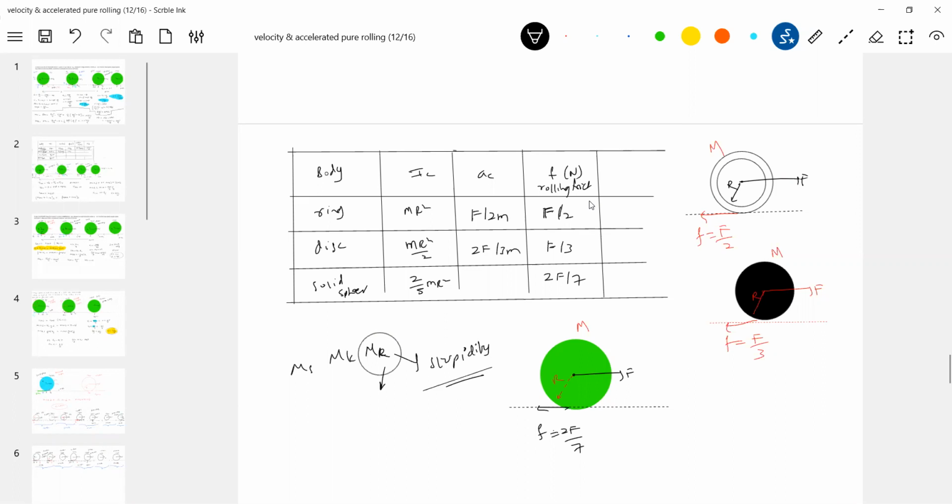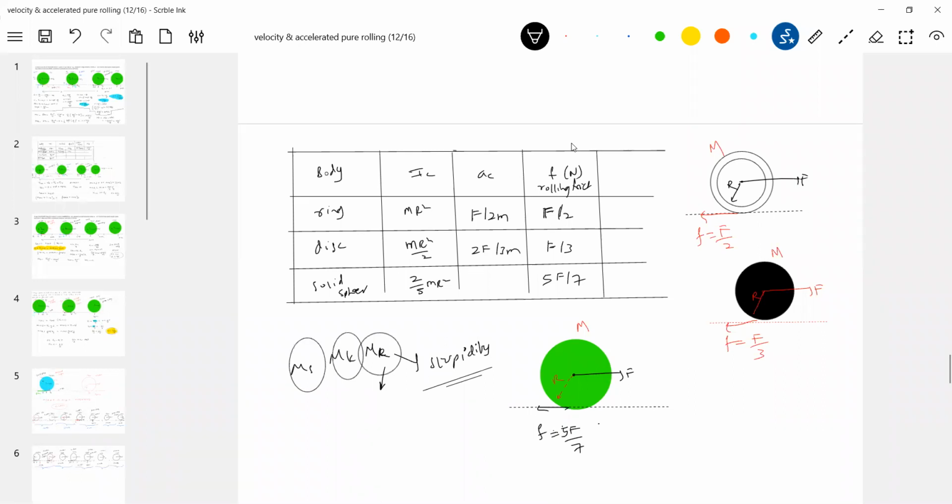Surprisingly, last year a question came in mains in our weekend exams. 5F by 7, 2 by 5. Okay, 5F by 7. Luckily that question came, but I think it's a wrong idea. Please do follow, there's nothing called mu r, no book has defined it.